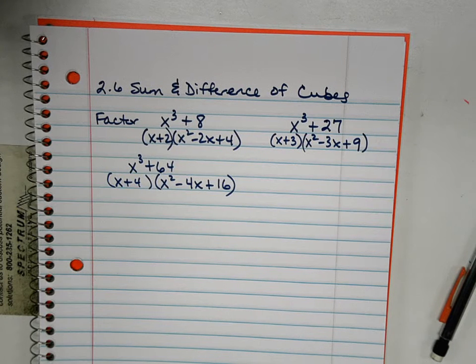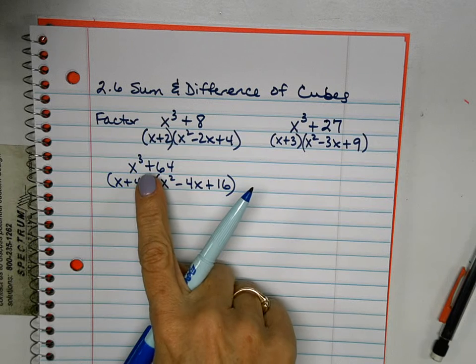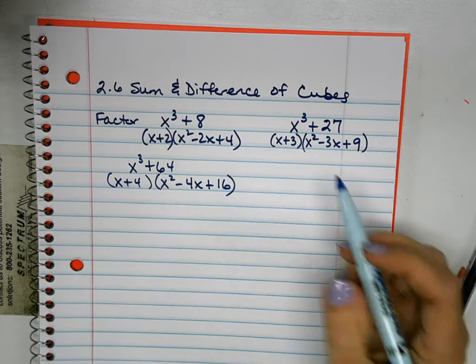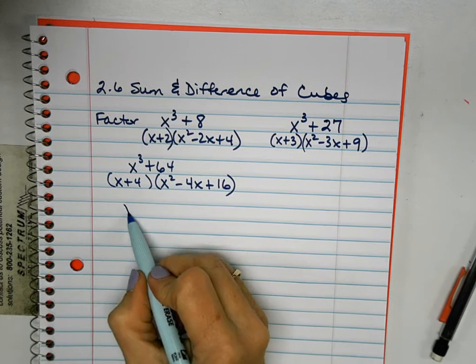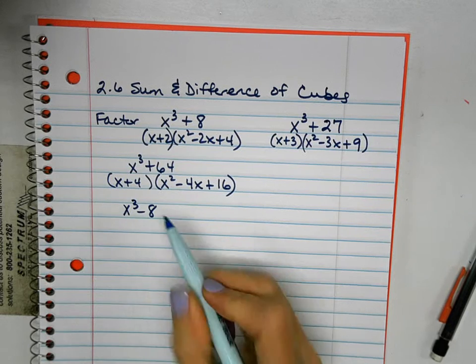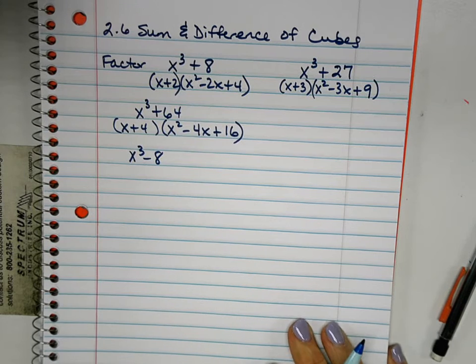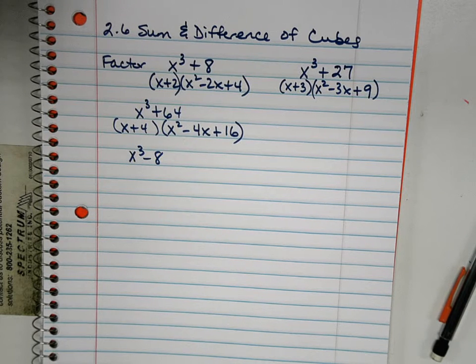Okay, now what do you think if I change the sign to minus here? So let's go back to x cubed. What if it was minus 8? You want to make a guess? Do you think that would change anything on the factoring? Do you want to see it or do you want to make a guess? You want to see it?